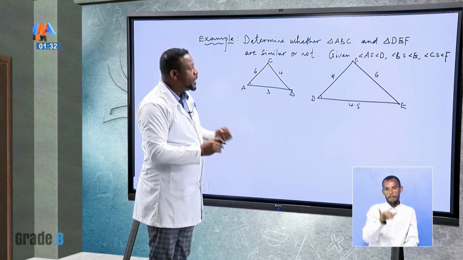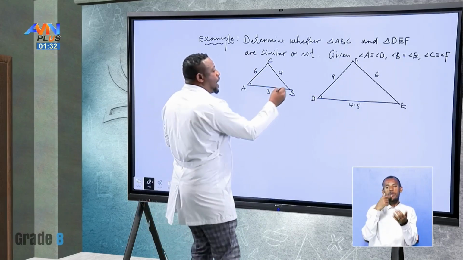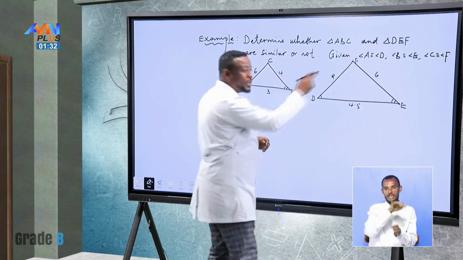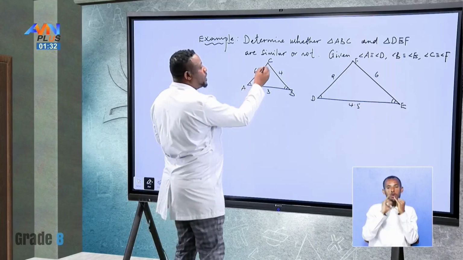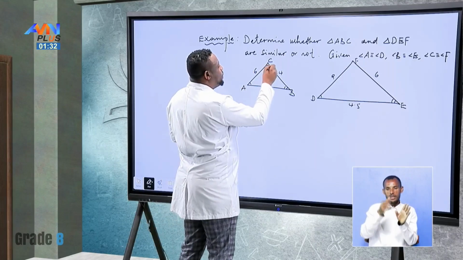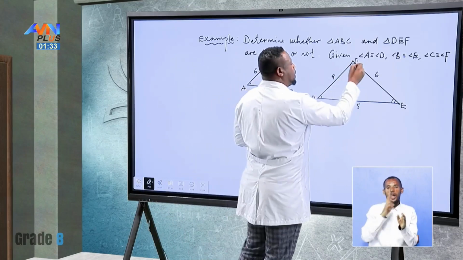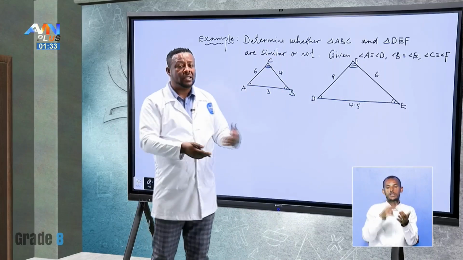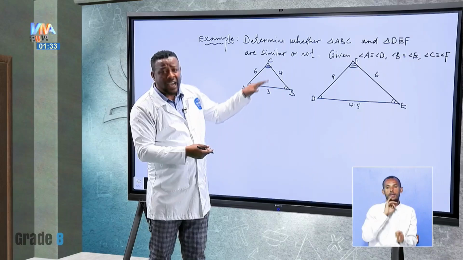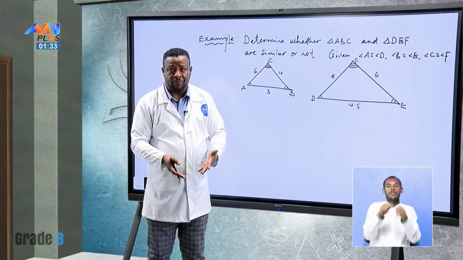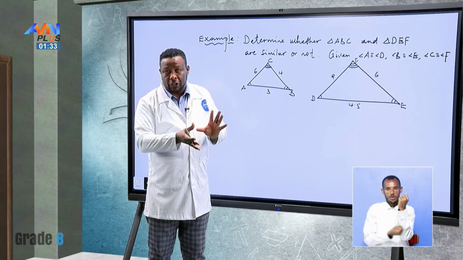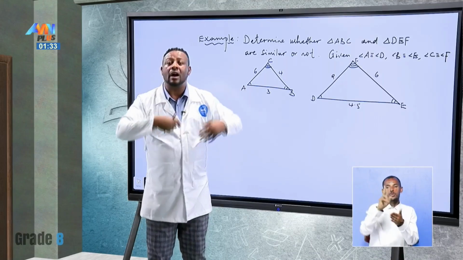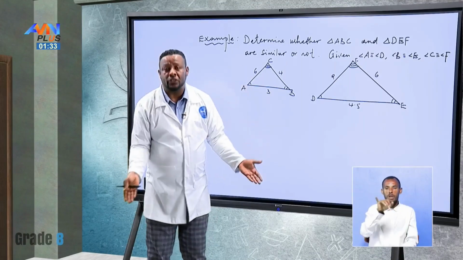The other information is angle B and angle E are the same, and angles C and F are congruent. Okay, these all are given. The other information about these two triangles is the side lengths of each triangle. So based on this information, we are asked to determine whether these two triangles are similar or not.